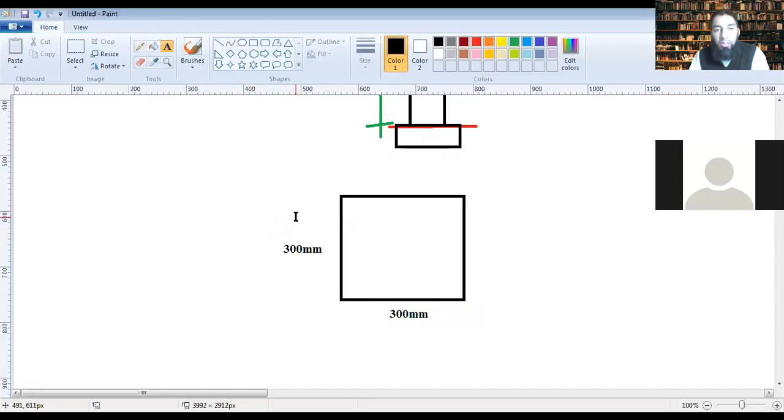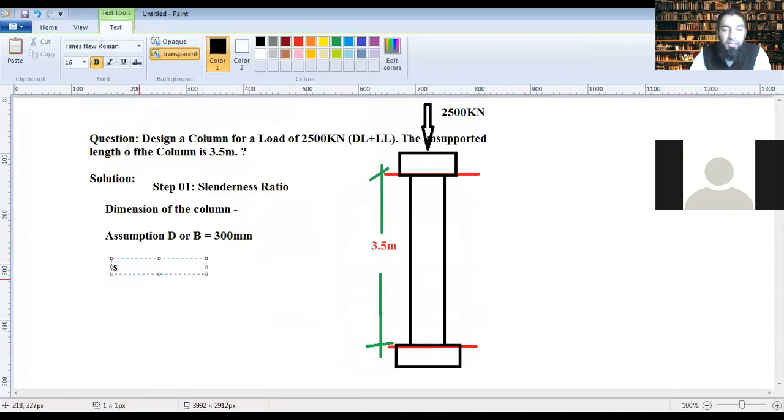So the dimensions of the column are 300 cross 300 mm. Now the slenderness ratio would be, how much? It is the effective length by D. Slenderness ratio is the effective length by D. In this case, what is the effective length?